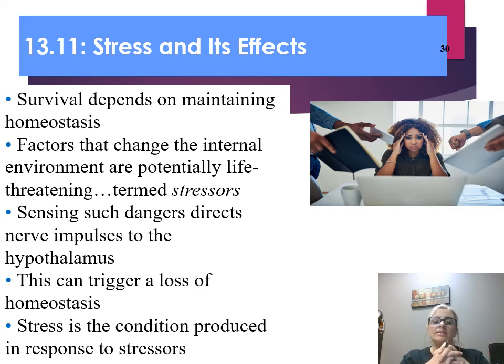So sensing danger is going to send direct nerve impulses to the hypothalamus, and this is going to trigger the release of many hormones, which can trigger a loss of homeostasis. So stress is a conditioned and important response that is produced due to environmental stressors. And sometimes it doesn't even have to be environmental, it can even be just up here, right?